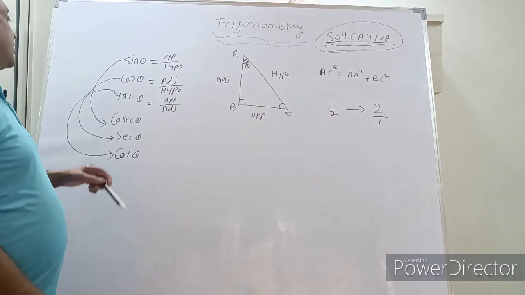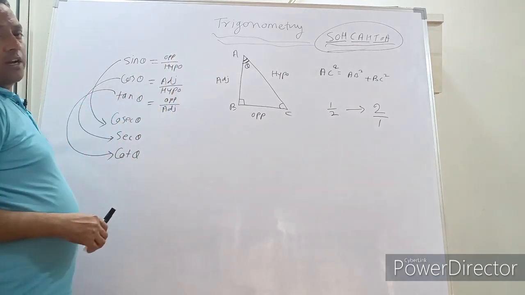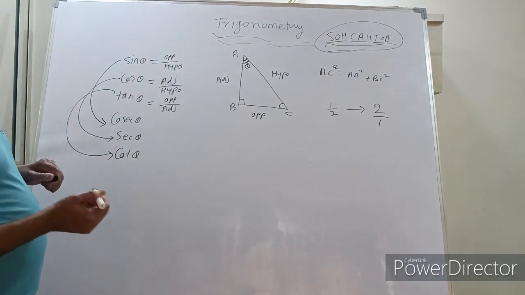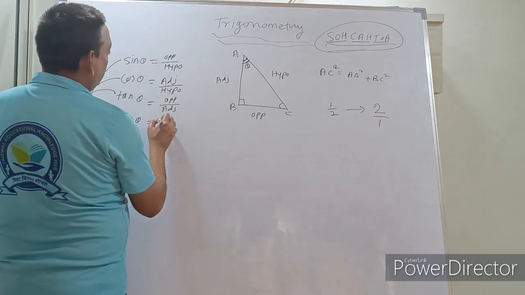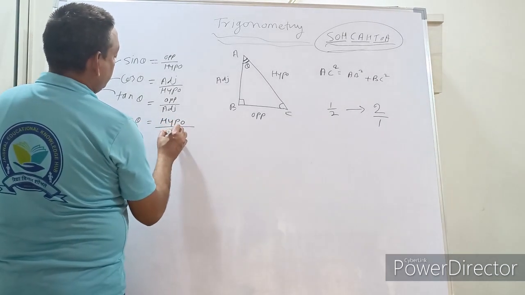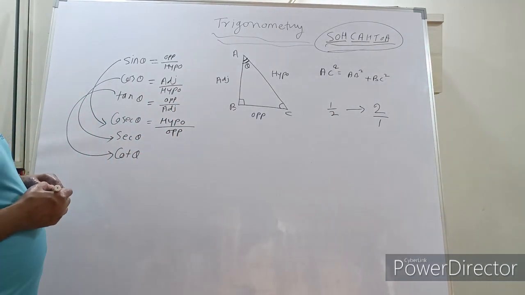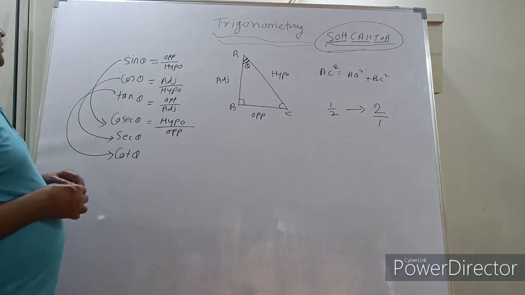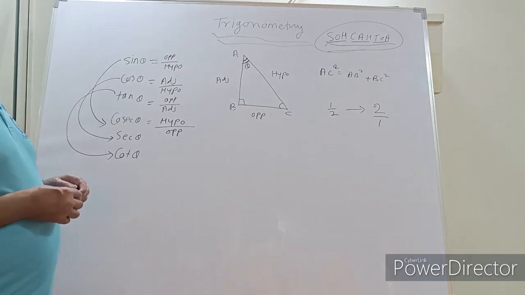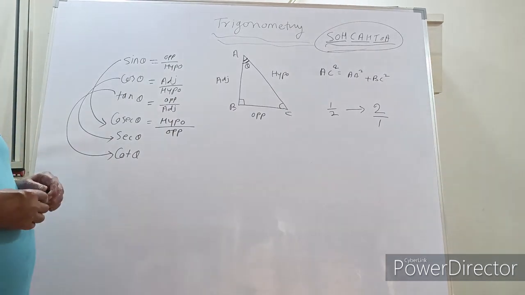Same thing we'll do here. We already have a fraction, opposite over hypotenuse, so cosec theta is equal to hypotenuse upon opposite. Clear? Sin theta is opposite over hypotenuse, so cosec theta is hypotenuse upon opposite.